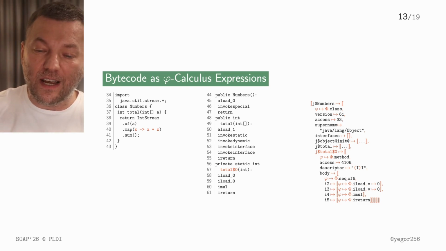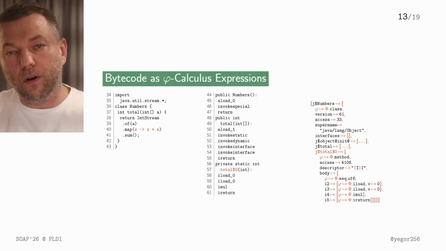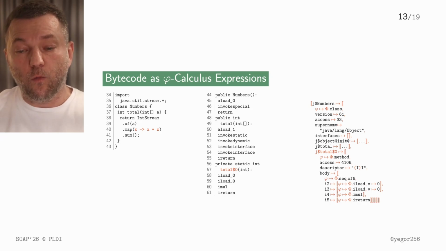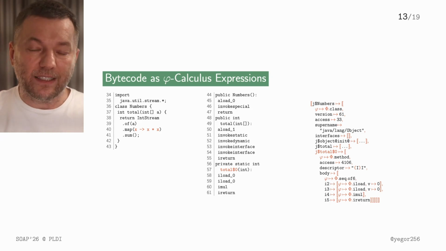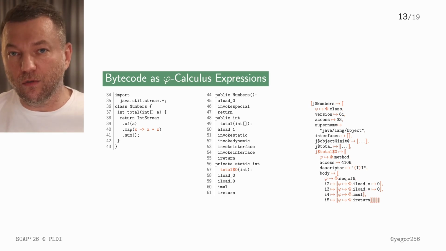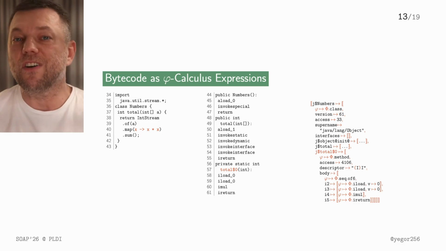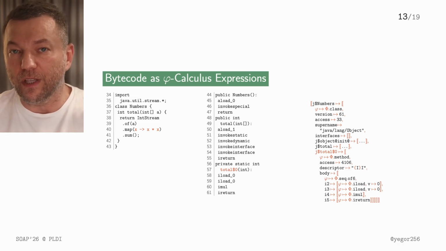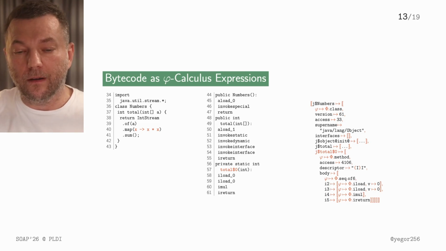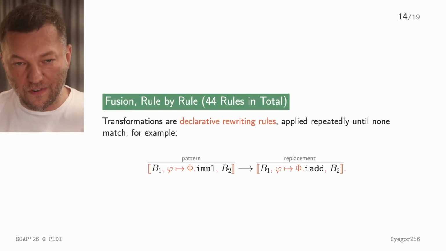And on the right side, this is the fragment of phi expression, which may resemble S-expressions or JSON code. Like the most primitive way of looking at it, it's a JSON format which represents a complex bytecode structure. This one is less complex and more suitable for rewriting rules. It's easier to manipulate it for our optimizing and rewriting rules.